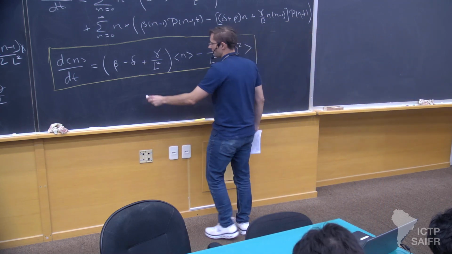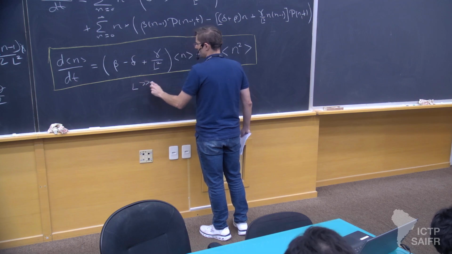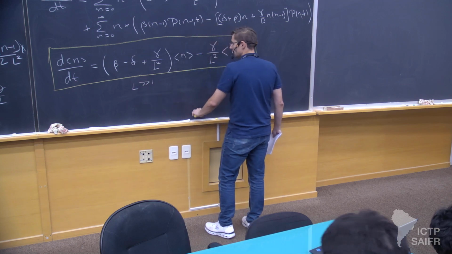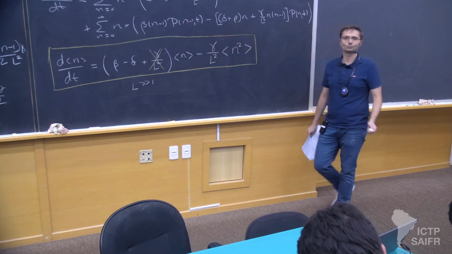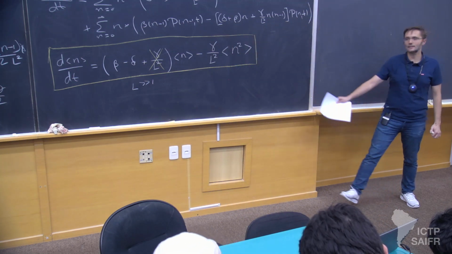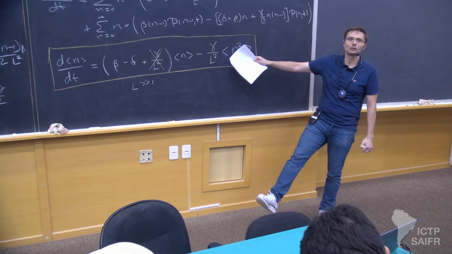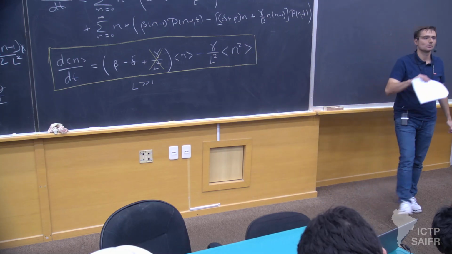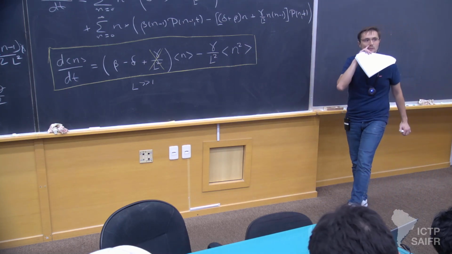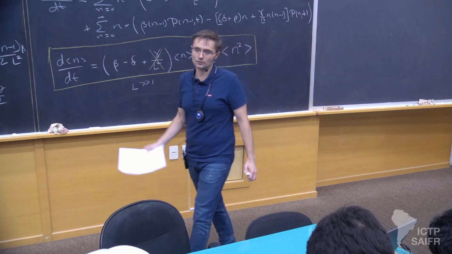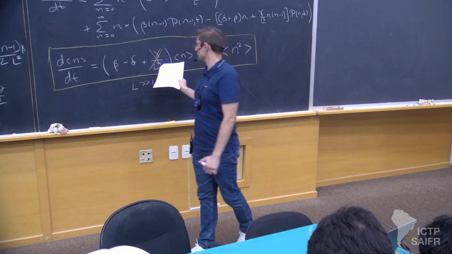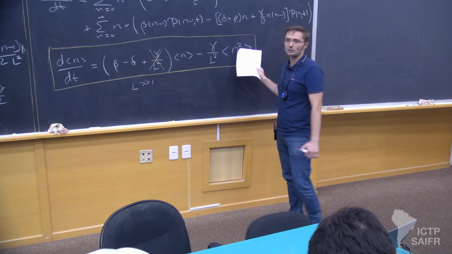But usually, if L is going to be very large, you can cancel this term here. Can I cancel this term here? This term goes with n squared, and this goes with n, so be careful with that. Because this is much smaller than this, but this can grow as much as n squared grows.